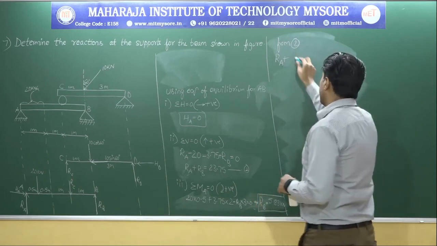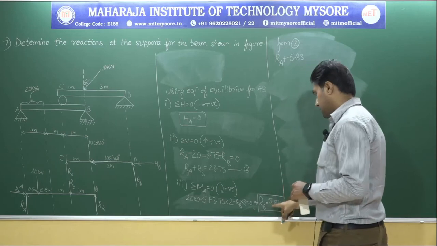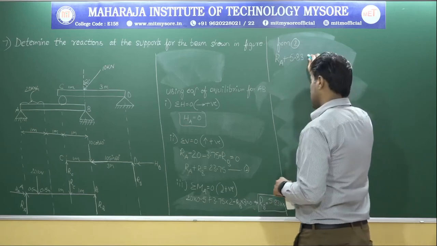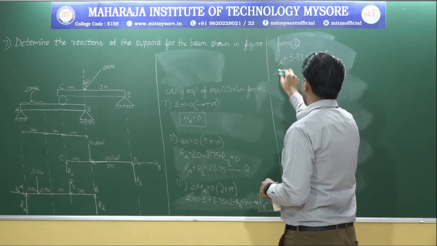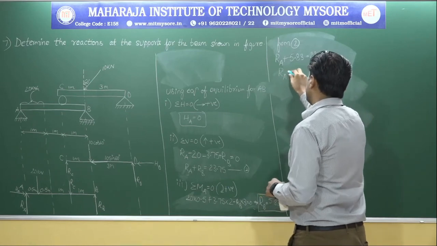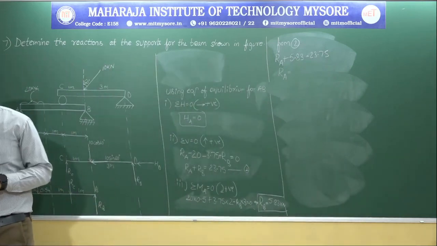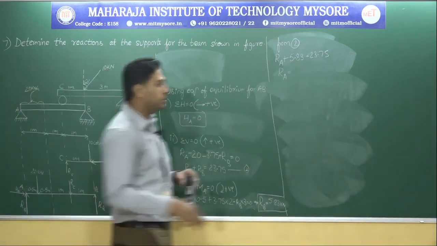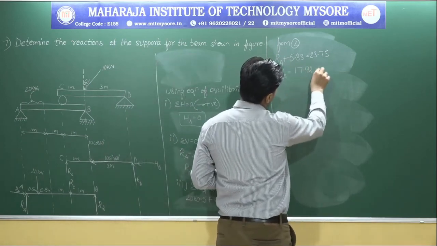RB value just now we have calculated. Okay. Next is equal to 23.75. So finally RA value will be equal to 17.92 kilonewton.